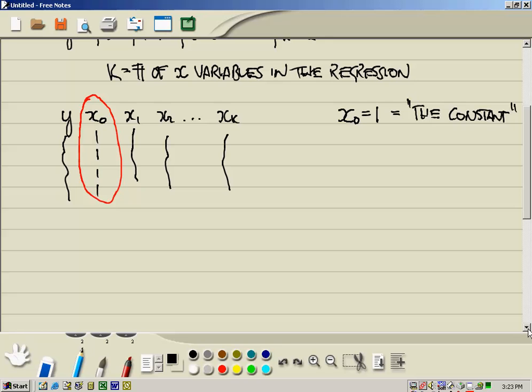Alright, what about the form of the sample equation, or the estimated regression?